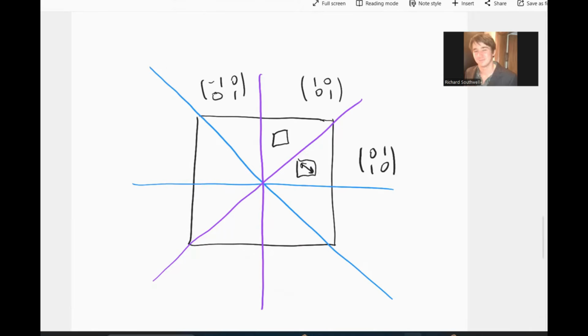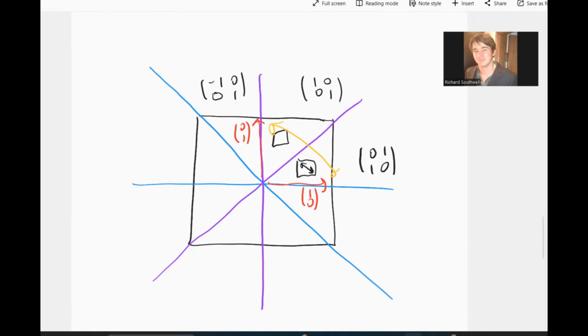Well, we say, okay, we have these 2 basis vectors, 1, 0 and 0, 1. And then we look at how those get mapped under our symmetry transform, and they get swapped around actually.